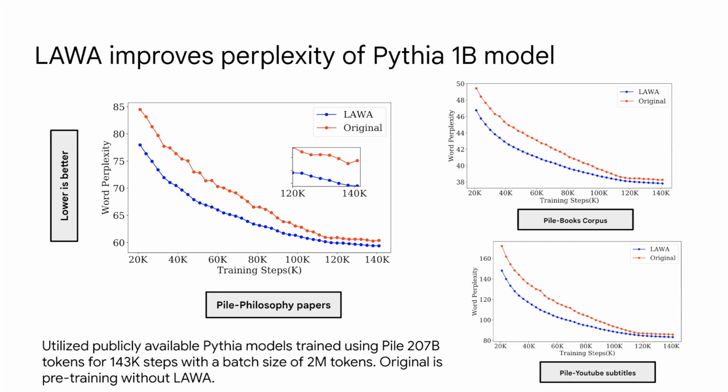You would get lower word perplexity with fewer training steps compared to the original pre-training curve. This is a very reasonable method to use because you just use it on top of your actual pre-training run. But yes, you have to change your learning rate. Sometimes, because this model uses larger batch sizes, which typically use a larger learning rate, it works anyway.